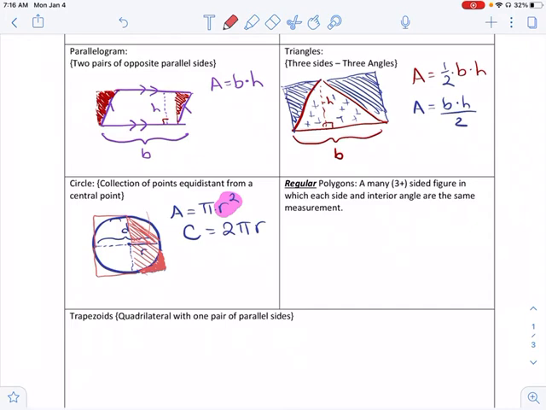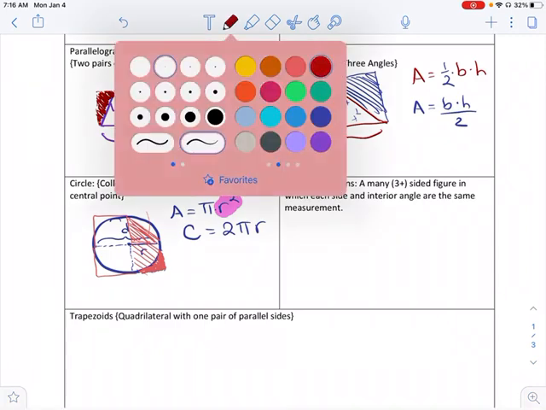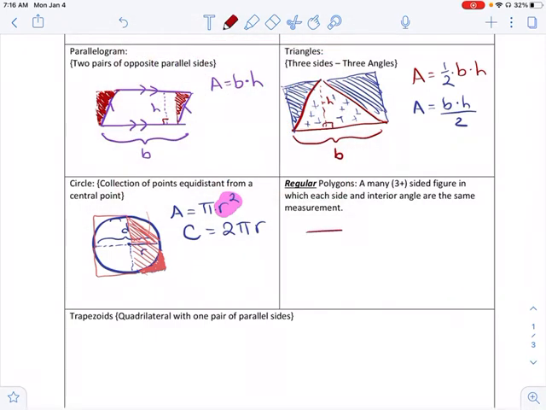Okay. Regular polygons we'll probably hold off on for just a little bit. Regular polygon, if we just want to have the drawing down on it, and this is just something that I'd rather chat about in class. This would be basically a regular polygon. In fact, it'd be a hexagon. And that is a figure in which all the angles and all the sides measure the exact same thing.